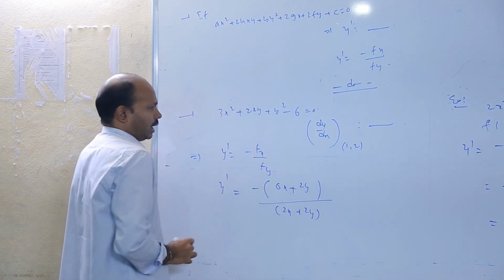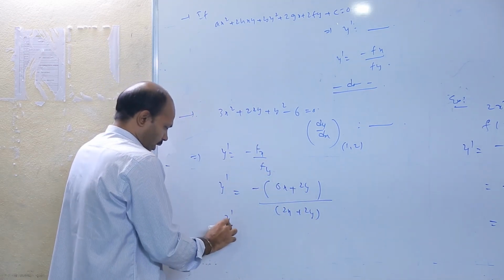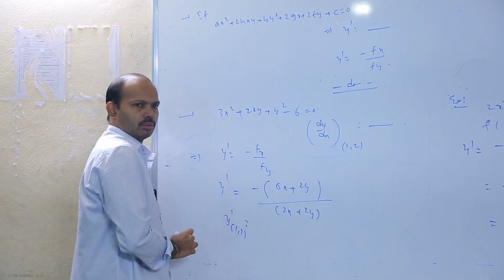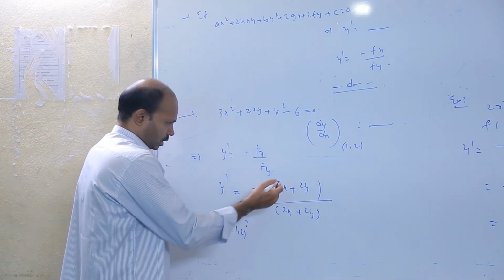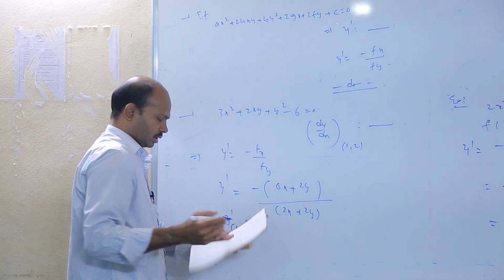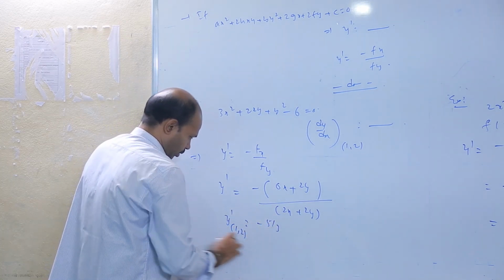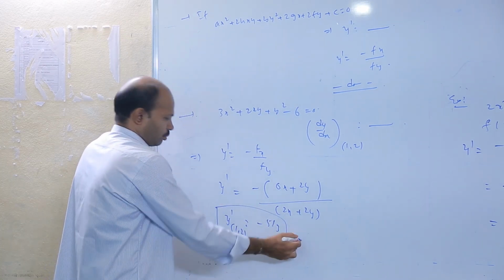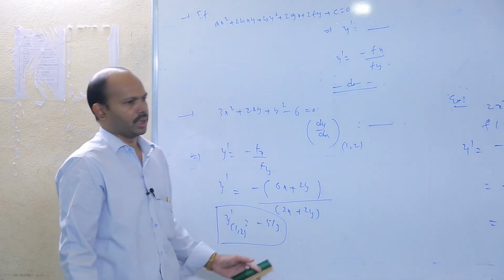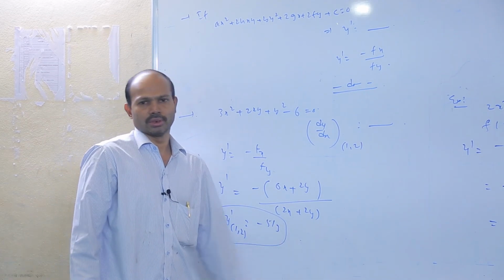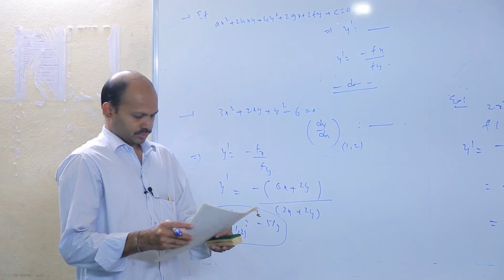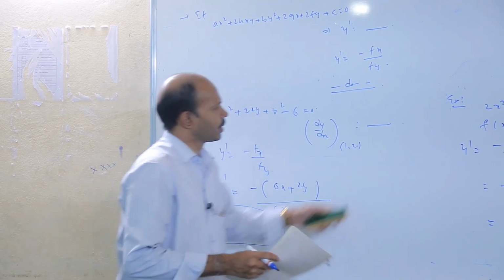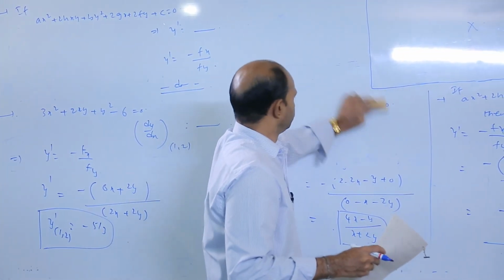This is y dash. But we want y dash at the point 1, 2. Apply x is equal to 1 and y equal to 2 in the expression, and you can do the calculation. You are going to get the answer, minus 5 by 3. It may be an integer answer, or check the options and decide the conclusion. Coming to the next problem.